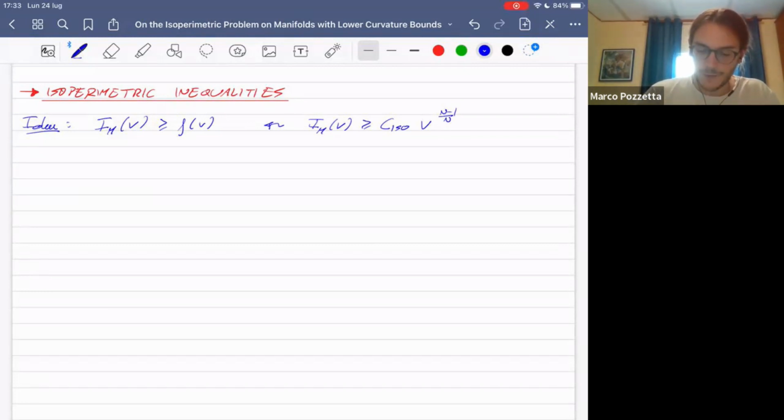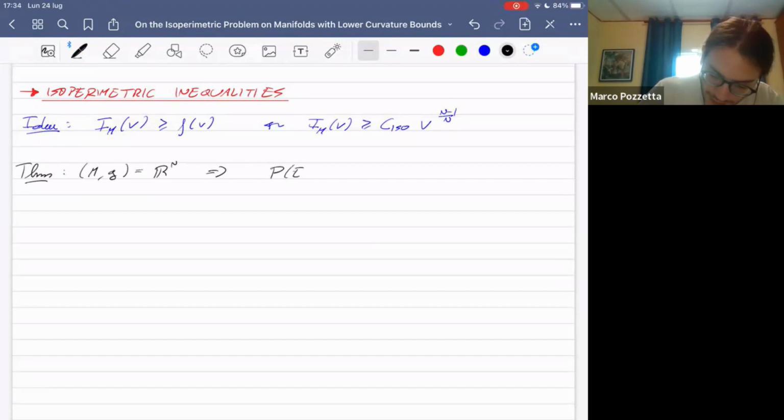And the first example of such an isoperimetric inequality that I want to show you is the one on Rn. Maybe many of you already know this inequality, but anyway, I want to recall it. So let's say that now (M,g) is Rn with the Euclidean metric, the standard metric. Well, then you have the following isoperimetric inequality: the perimeter of any set E.